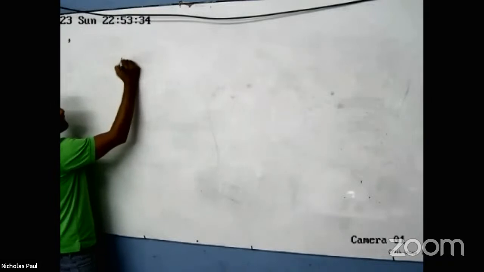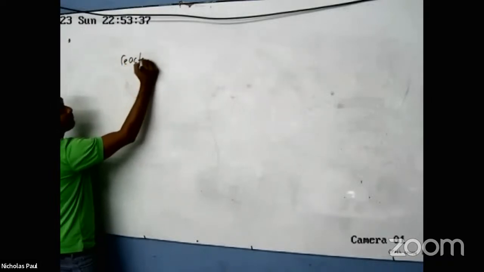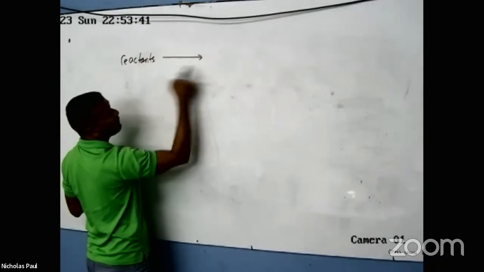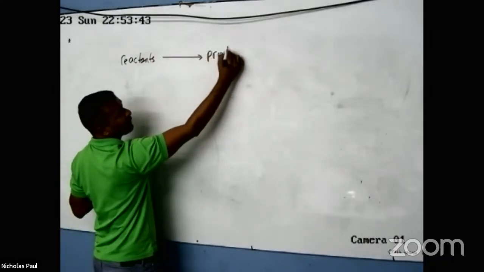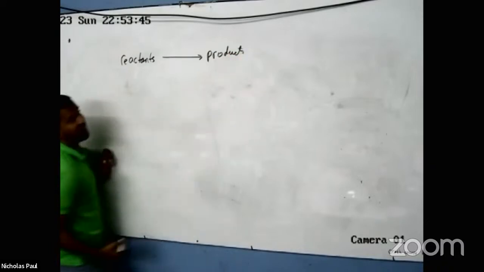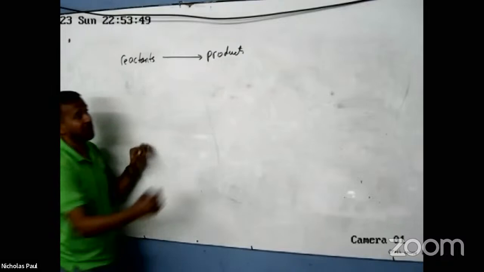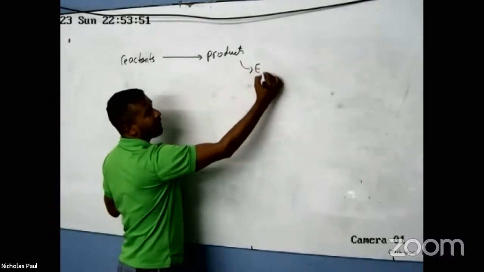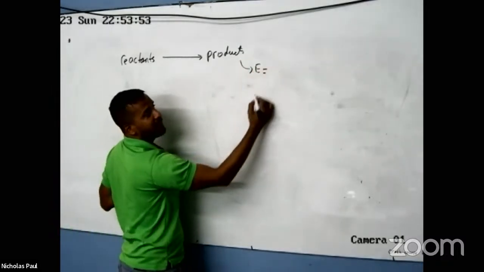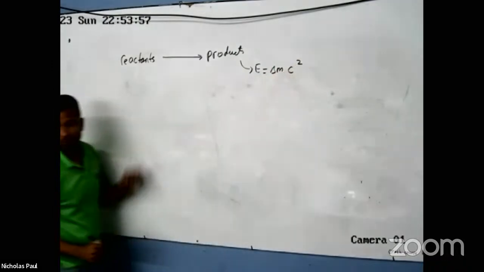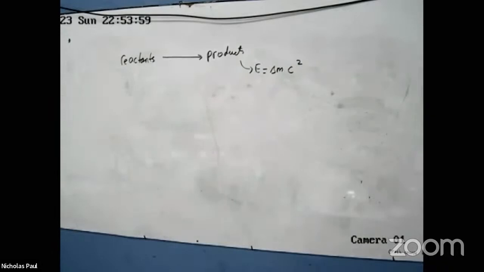So if I were to give you some reactants, and those reactants obviously will give you some products, what Einstein said is that there's a change in mass during this reaction, and as a result, energy is given off. That energy is given by mc squared, right? So we need to learn to find that energy.